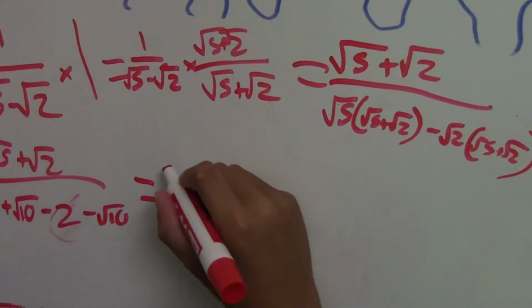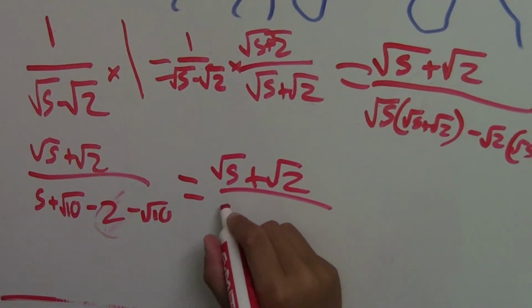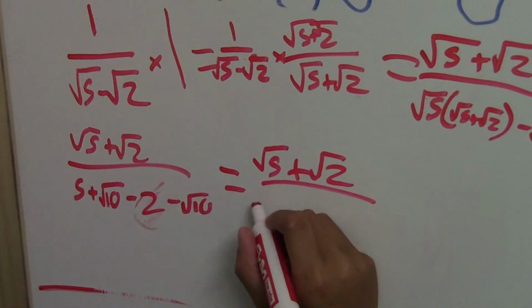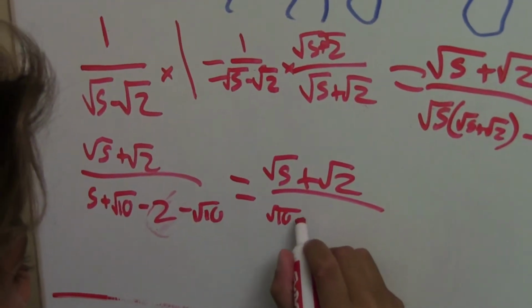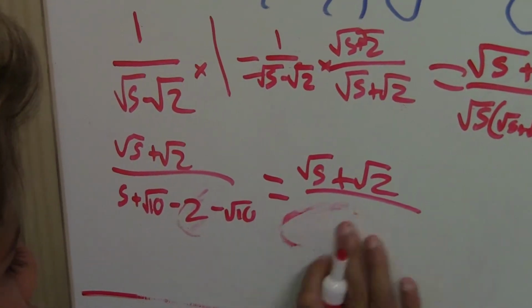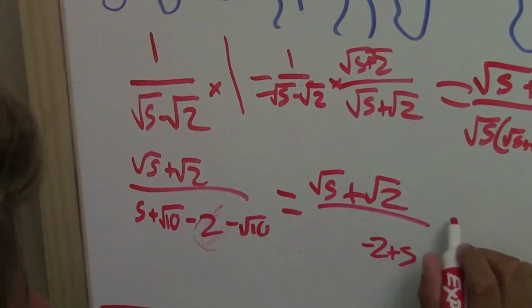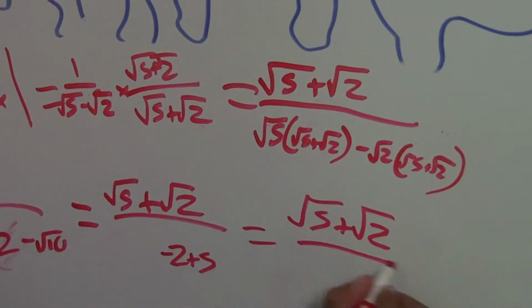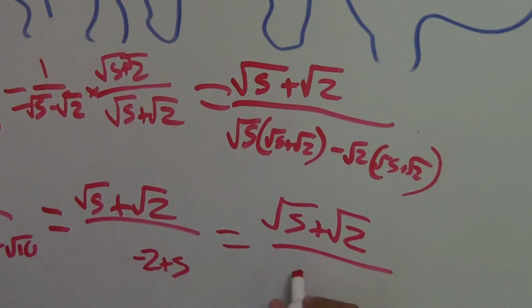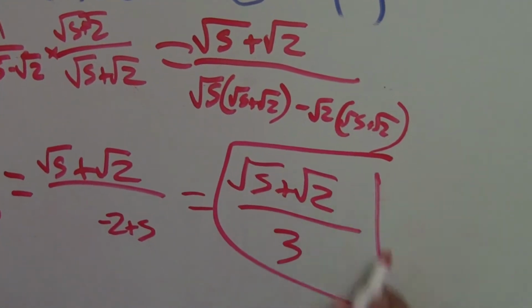The square root of 10 minus the square root of 10 is just 0, and 5 minus 2 is 3. Then it's the square root of 5 plus the square root of 2 over 3. And it turns out that's our answer.